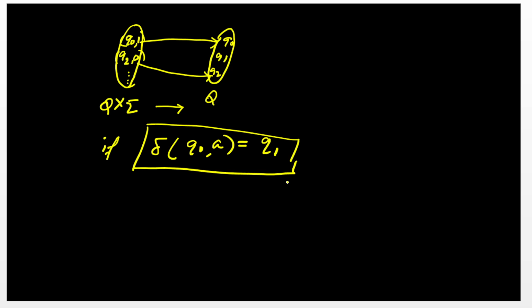It means if the deterministic finite automata is in state Q naught, and the current input symbol is A, then the deterministic finite automata will go into the Q1 state.